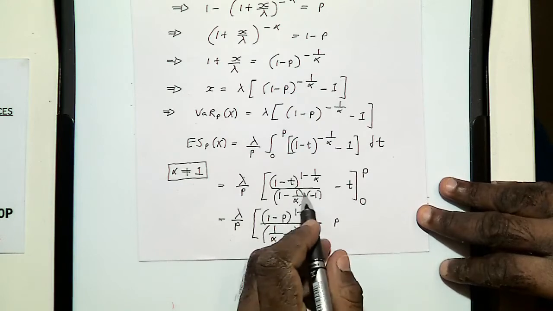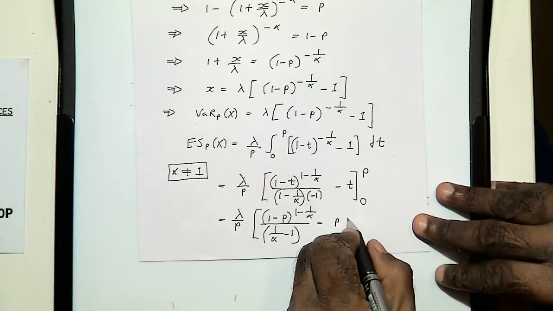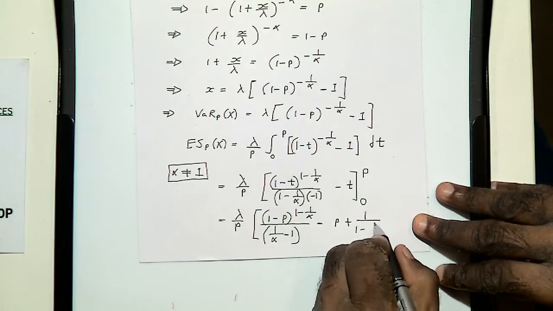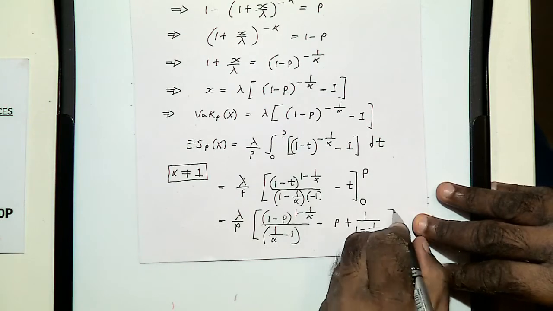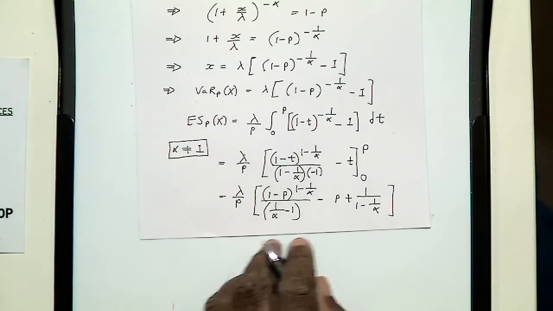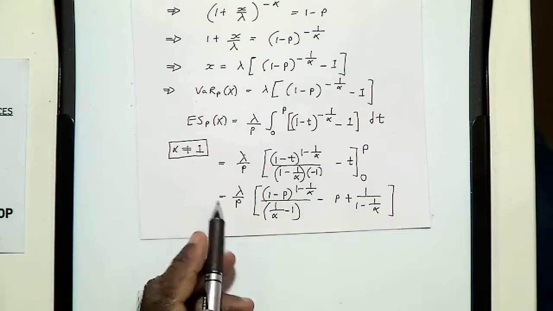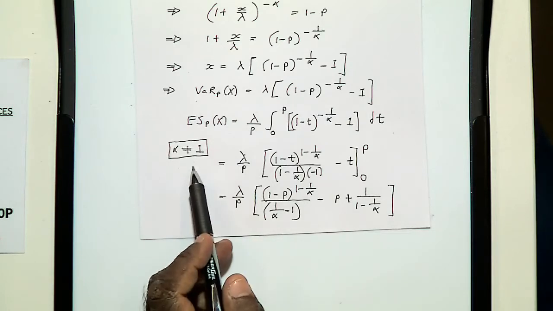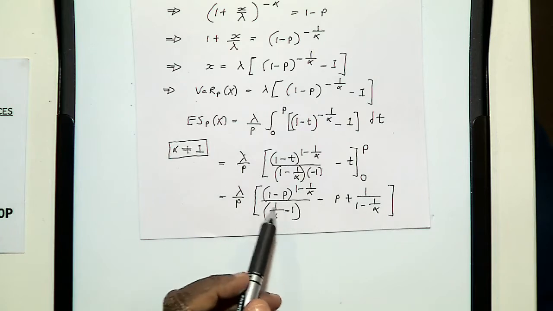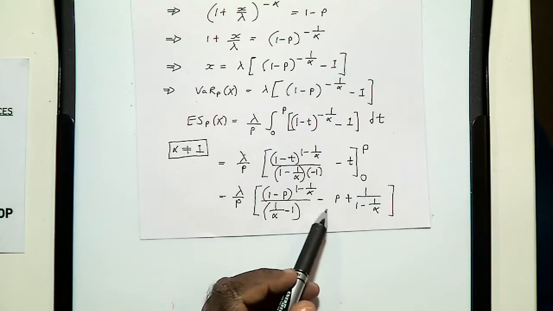So minus minus is plus. So this is what you get if alpha is not equal to 1. Okay, is this okay? Check me, correct me if I'm wrong.